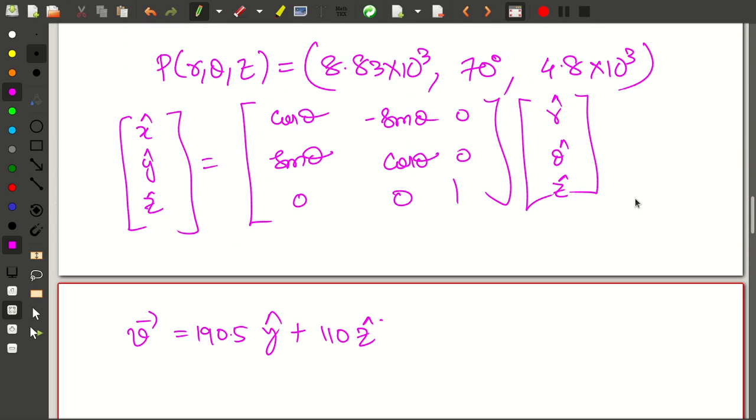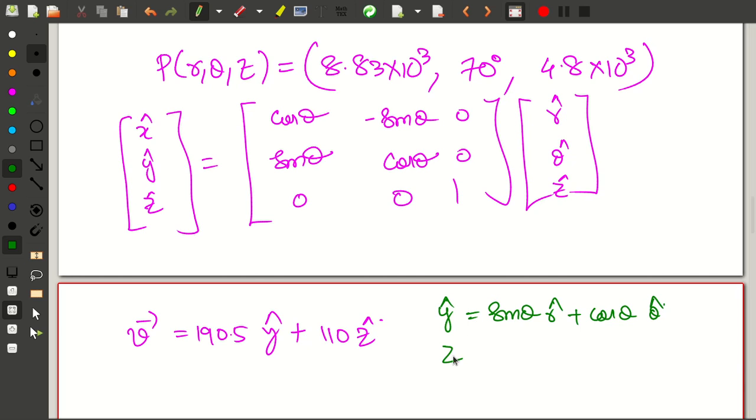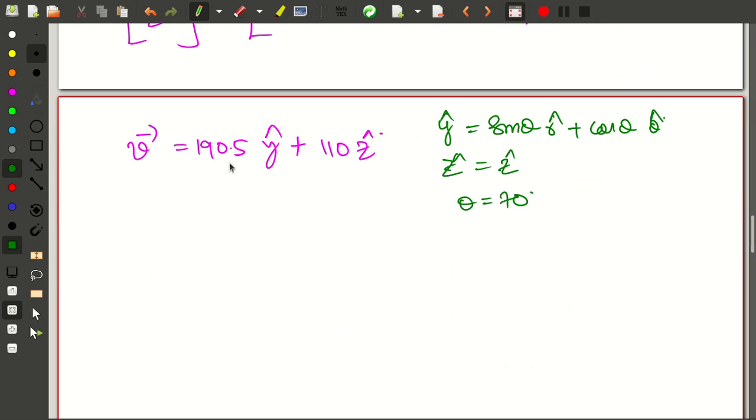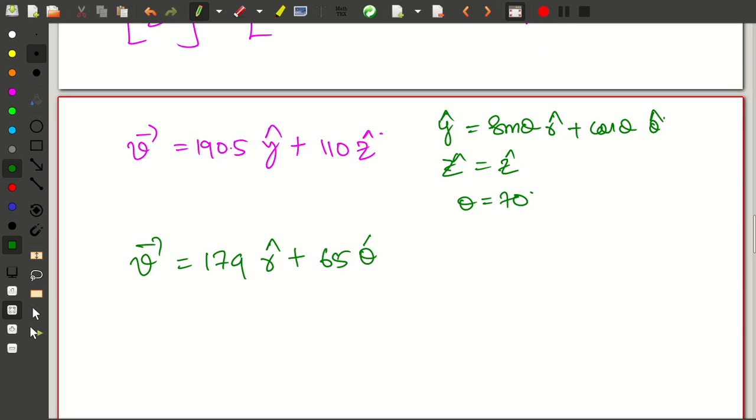From the transformation relation, y cap is equal to sin theta r cap plus cos theta theta cap, and z cap is equal to z cap, and here theta is equal to 70 degree. Substitute back into this equation, and you get velocity equal to 179 r cap plus 65 theta cap plus 110 z cap meter per second.